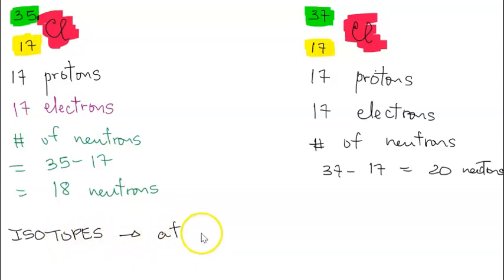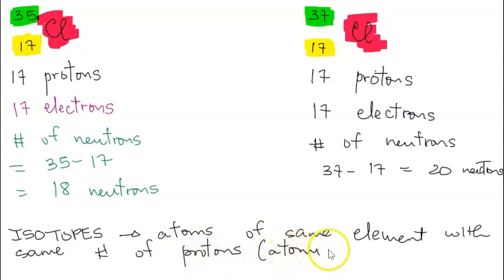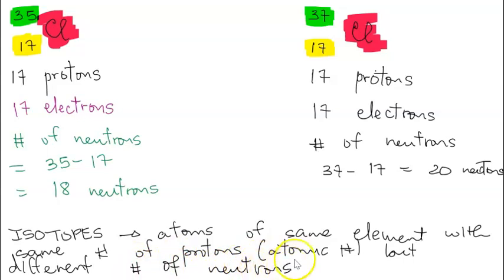Isotopes are atoms of the same element with the same number of protons or the same atomic number, but different number of neutrons or mass number. So what's different is the mass number.